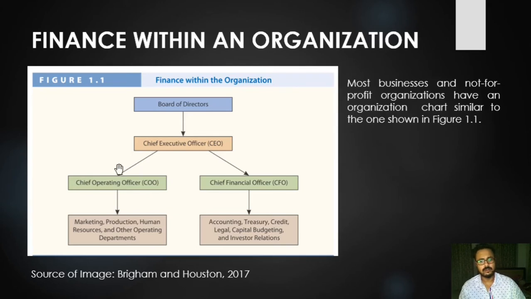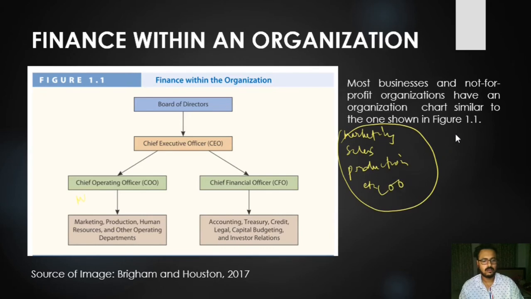The Chief Operating Officer directs the firm's operations, that includes marketing, sales, production, etc. The next part under the CEO is the Chief Financial Officer, who is generally a senior vice president and the third-ranking officer, in charge of accounting, finance, credit, and other financial activity.